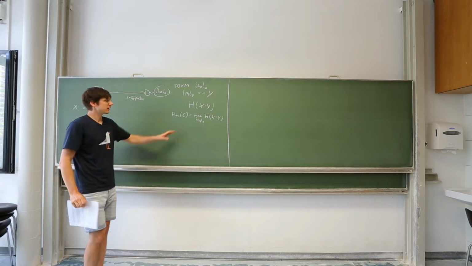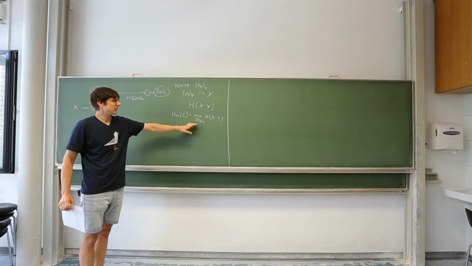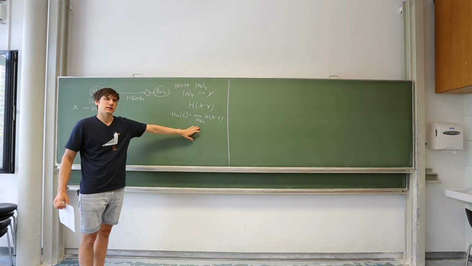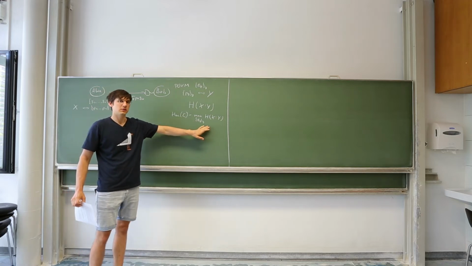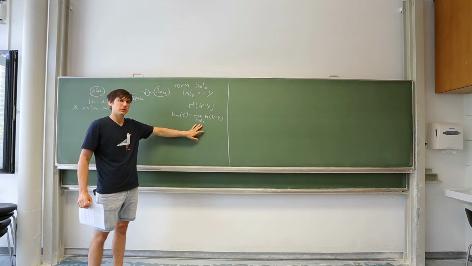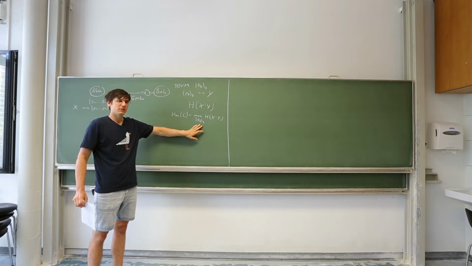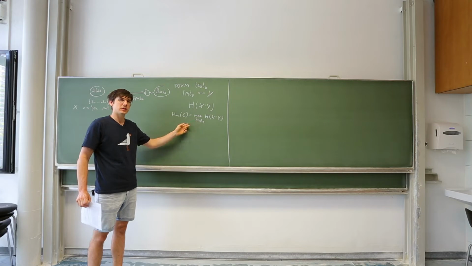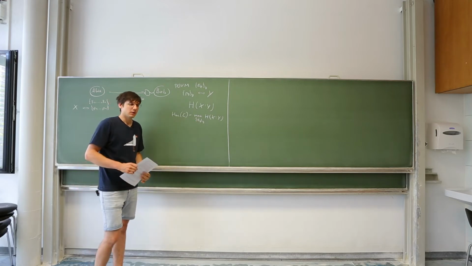Now, given that we have a maximization here, it is often very hard to calculate the right-hand side, so to calculate this accessible information. As a next step, we found that there is an upper bound to this accessible information, the so-called Holevo bound.